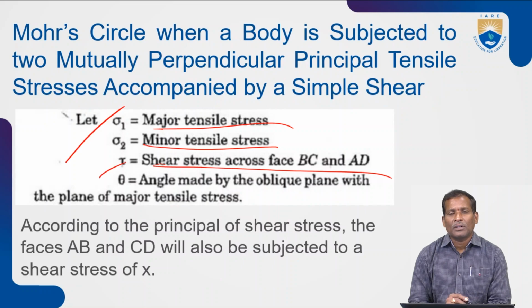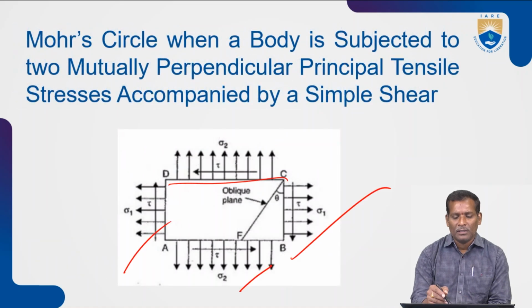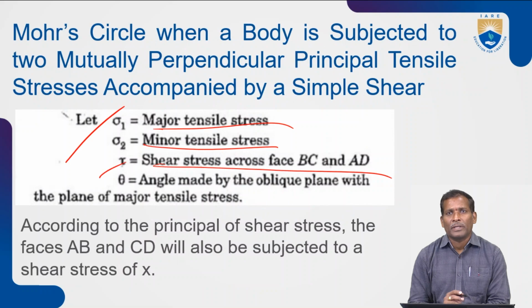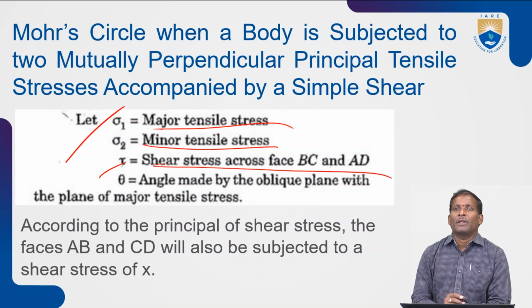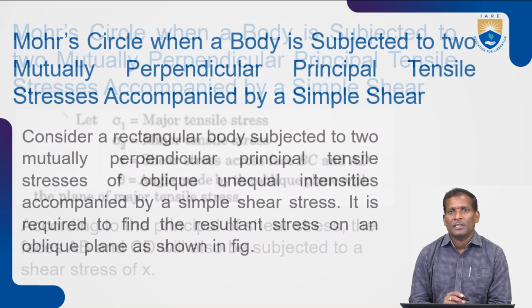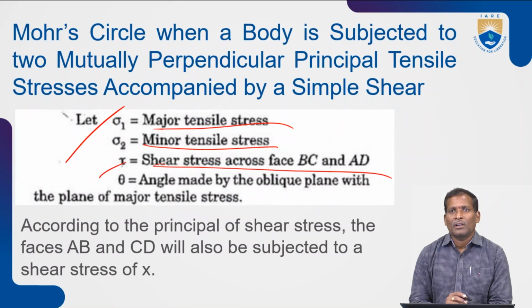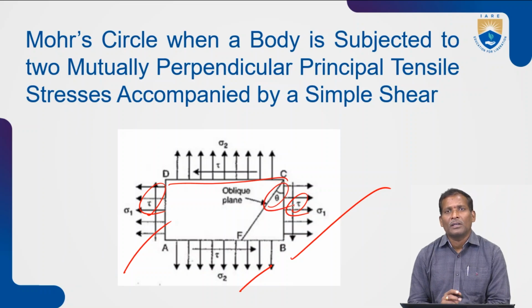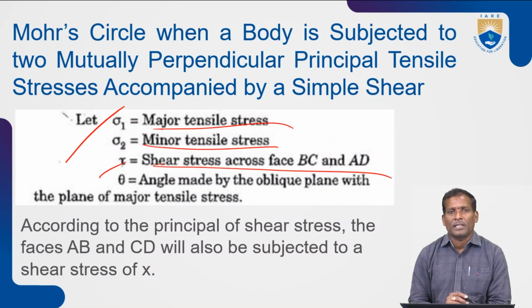See here, the shear stress across faces BC and AD is tau, when it is subjected to sigma 1 major tensile stress, sigma 2 minor tensile stress. Theta is the angle made by the oblique plane with the plane of major tensile stress.